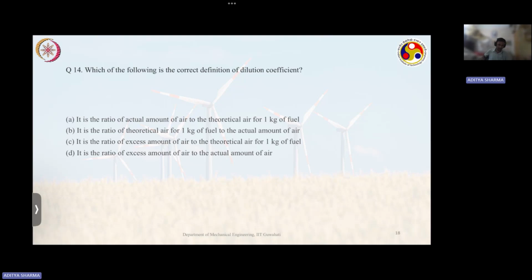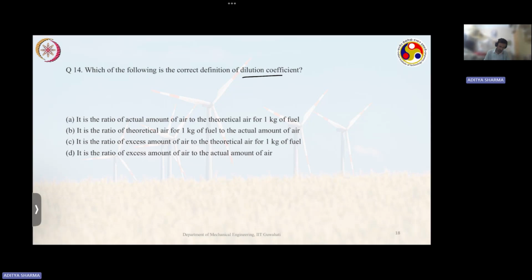So which of the following is the correct definition of dilution effect? So this dilution, we now want to quantify, right? The dilution effect that we see in lean mixture, we want to quantify it. So we have defined one parameter for that, right? So we have defined one term for that, that is dilution effect. So how do we define it? So four options have been given.